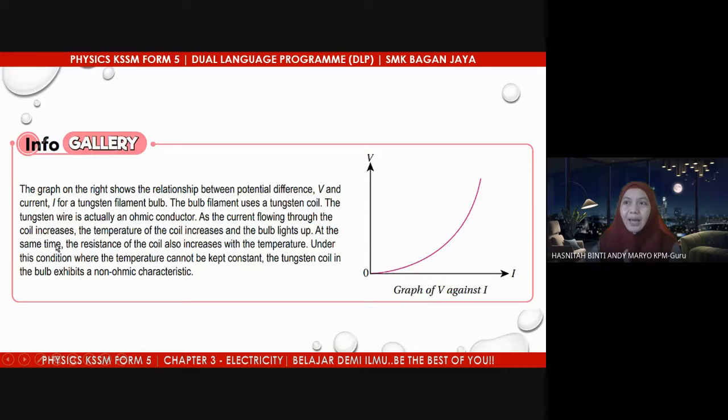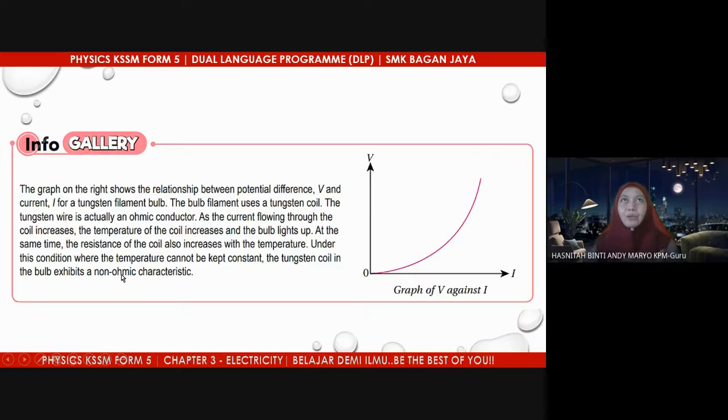At the same time, the resistance of the coil also increases with temperature. So under this condition where temperature cannot be kept constant, the tungsten coil in the bulb acts as a non-ohmic conductor.